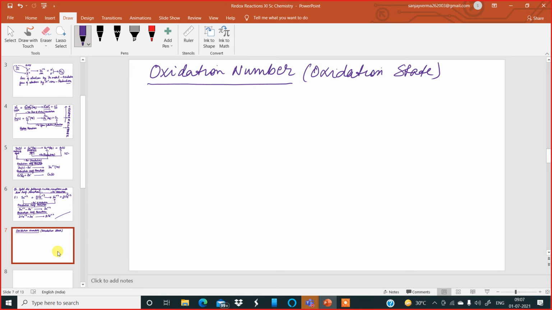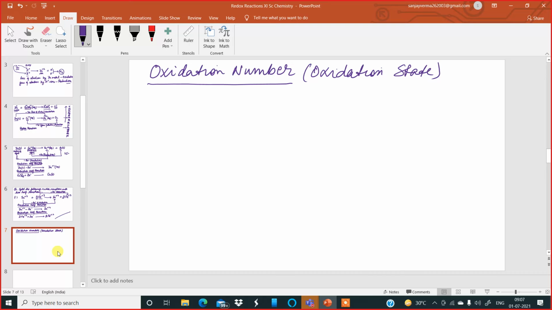It can be metals, it can be non-metals. Metallic species were losing electrons, and non-metallic species or ions were gaining electrons. So that was the case of redox reactions. Now this electron transfer can be explained in terms of a new term, which is called oxidation number or oxidation state.